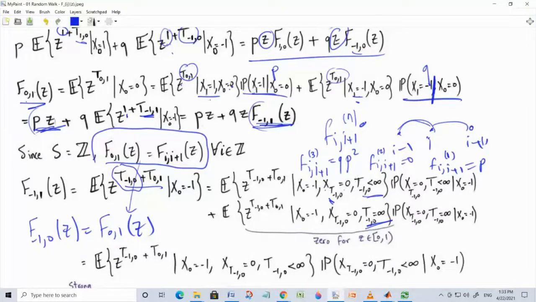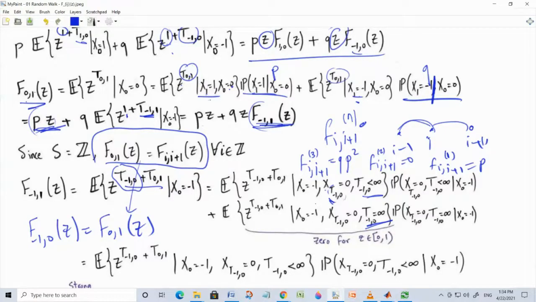Okay, so the event is that at this time instance you are at 0, which is by definition x of t minus 1 0. T minus 1 0 is the random variable that tells you the number of steps needed to go from minus 1 to 0 and enter into 0 for the first time.